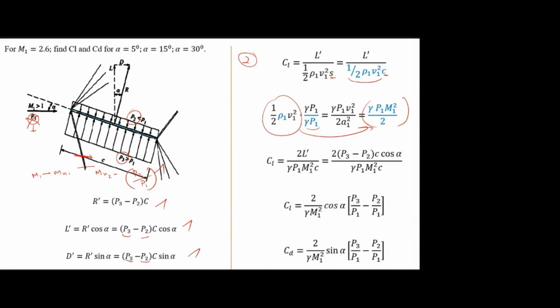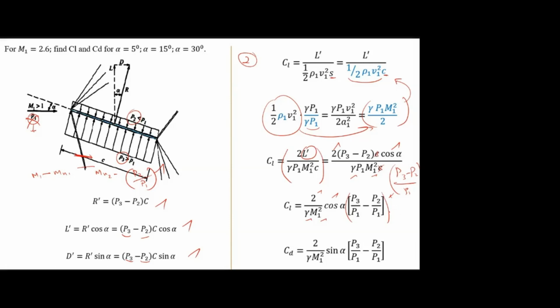Okay, now you can substitute here. This will be the final CL in terms of only pressure and Mach number. I know L dash is P3 minus P2 into C cos alpha. C gets cancelled. So remaining is 2 cos alpha divided by gamma M1 square, and the remaining term will be P3 minus P2 by P1, which I can write as P3 by P1 minus P2 by P1.